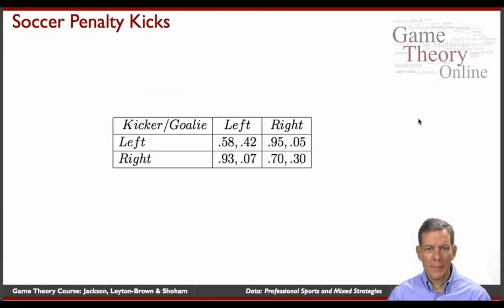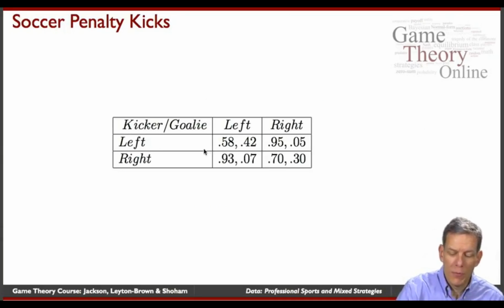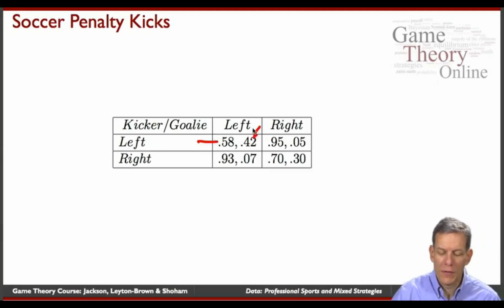Okay, so here's, based on what he finds out of these 1,417 penalty kicks, the averages. In situations where kickers go left and goalies go left, kickers win 58% of the time, goalies win 42% of the time.